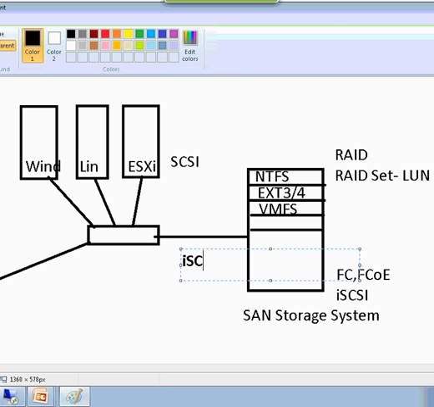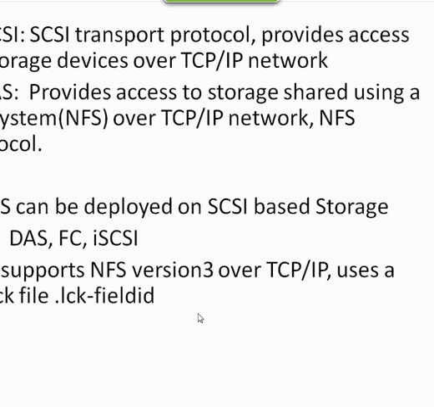What would be the connectivity here? Obviously, Ethernet connectivity. If it is an iSCSI SAN, then the SCSI protocol provides access to the storage devices over the normal TCP/IP network, that means your Ethernet network. And here we use our normal physical switch. And here you have the iSCSI SAN. So this is your iSCSI protocol.